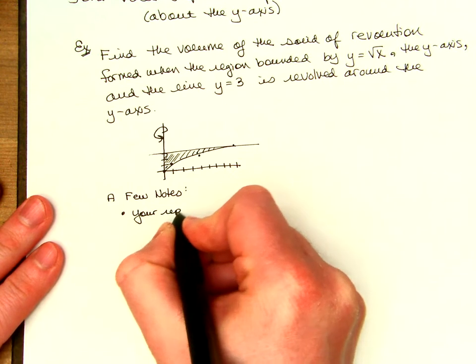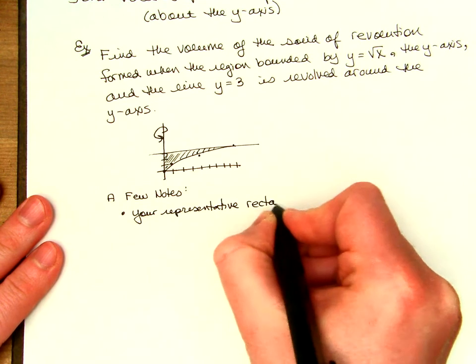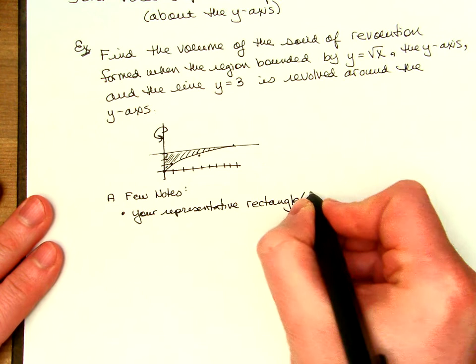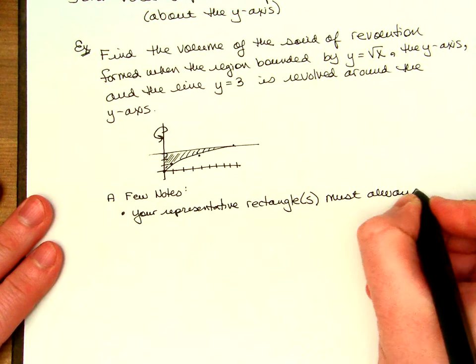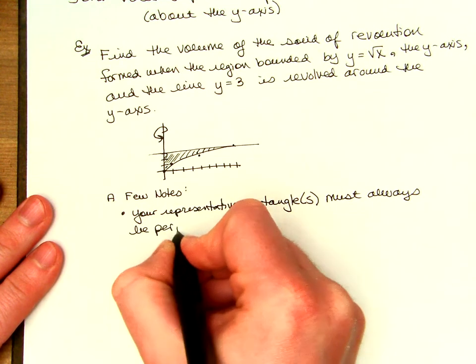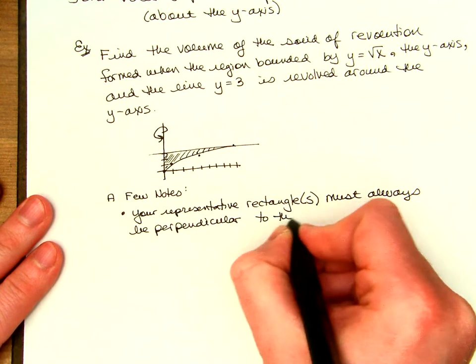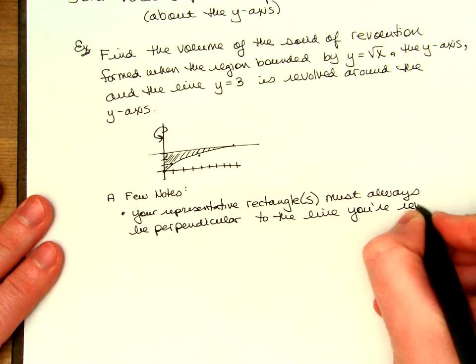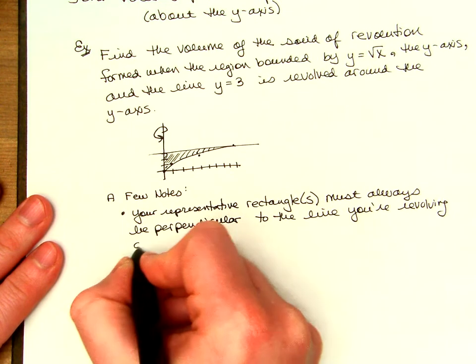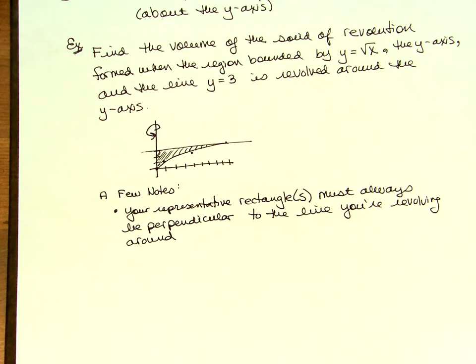Your representative rectangle, or rectangles if we're using the washer method, must always be perpendicular to the line you're revolving around.